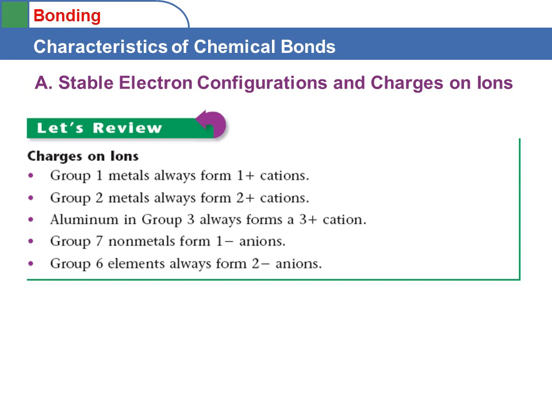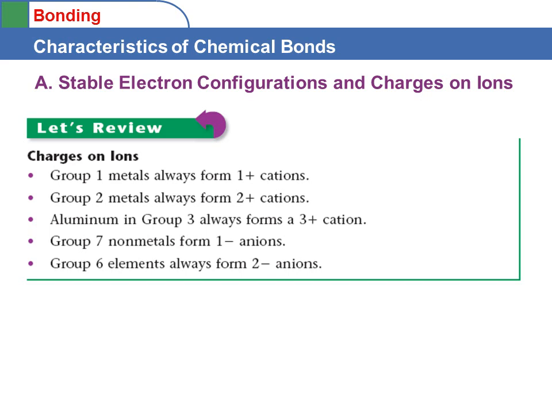And then all of our halogens, that's the second to last column, fluorine, chlorine, bromine, iodine, astatine, they all want to gain 1 more electron so that they will have a very stable electron configuration, the same number of electrons that the neighboring noble gas has, which makes them very, very stable.